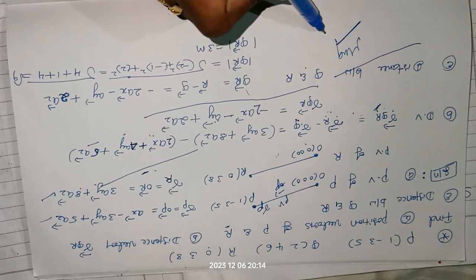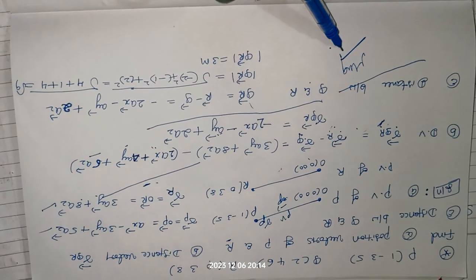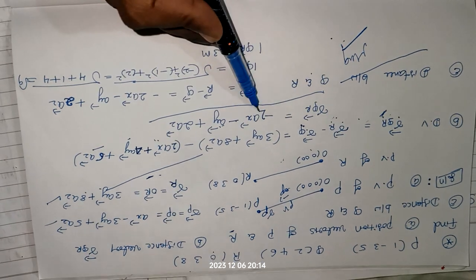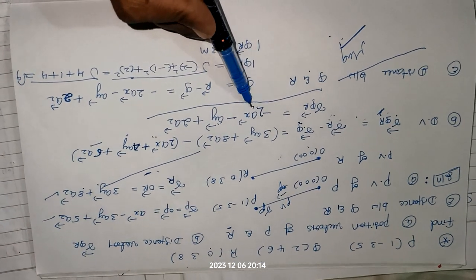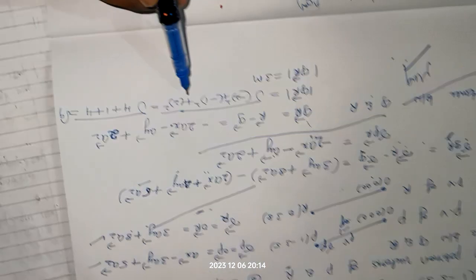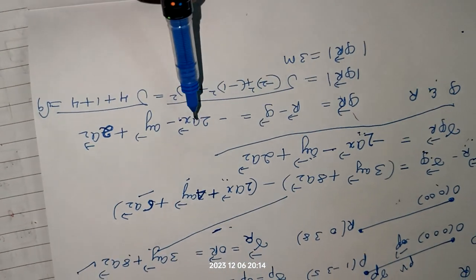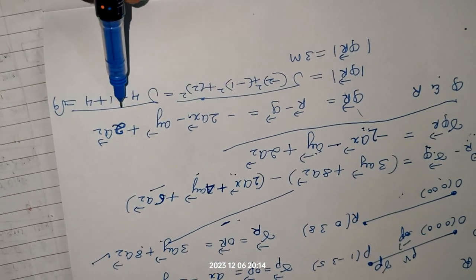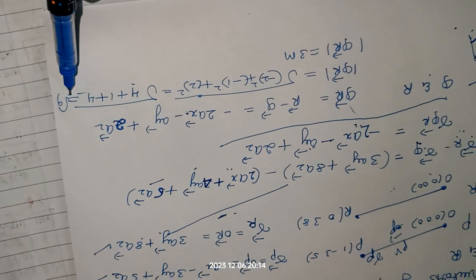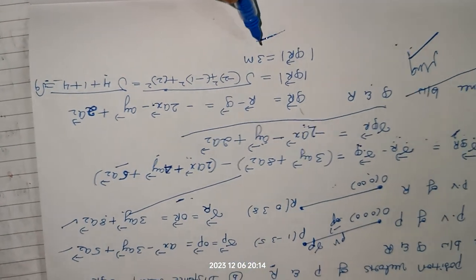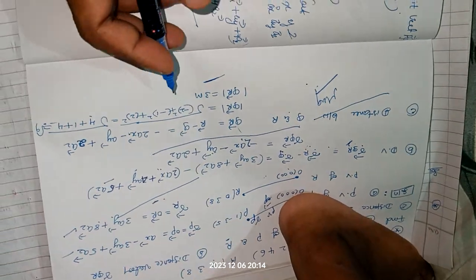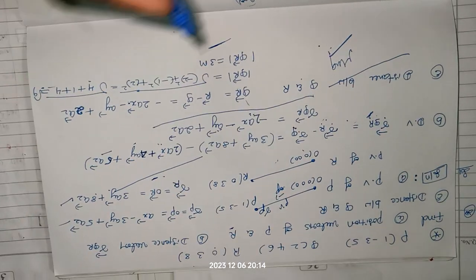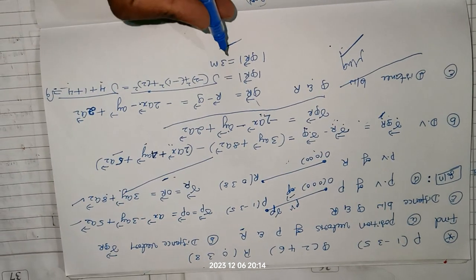How to find the scalar: you already found this value, so take the magnitude of this value. Square root of (2 minus 2) squared, (minus 1) squared, and 2 squared. What will you get? Root 9, so it is 3.